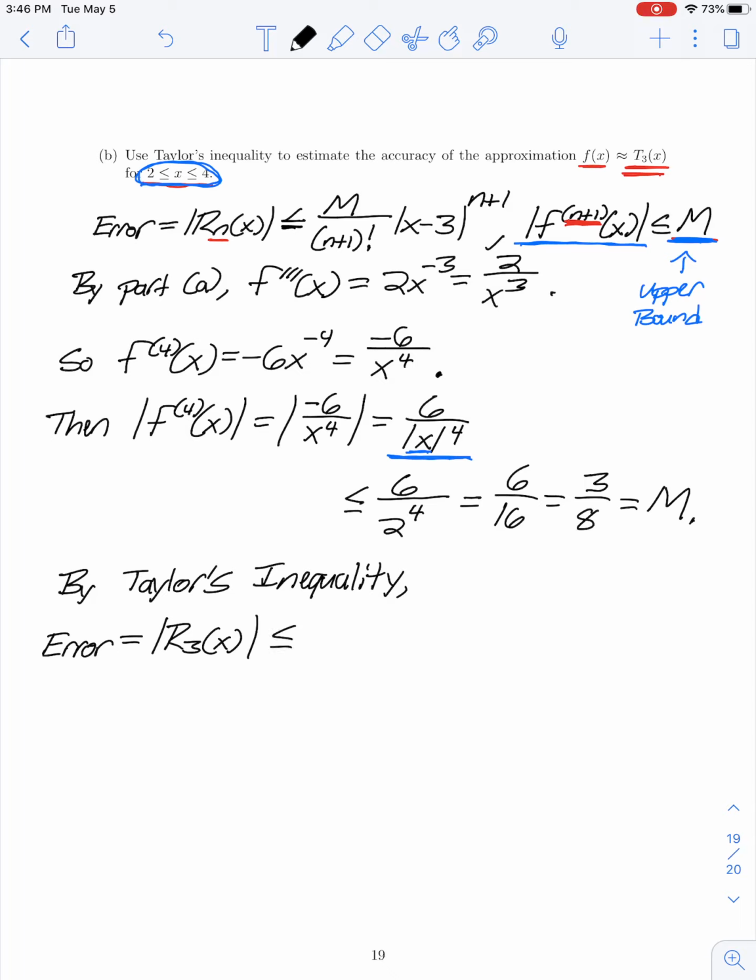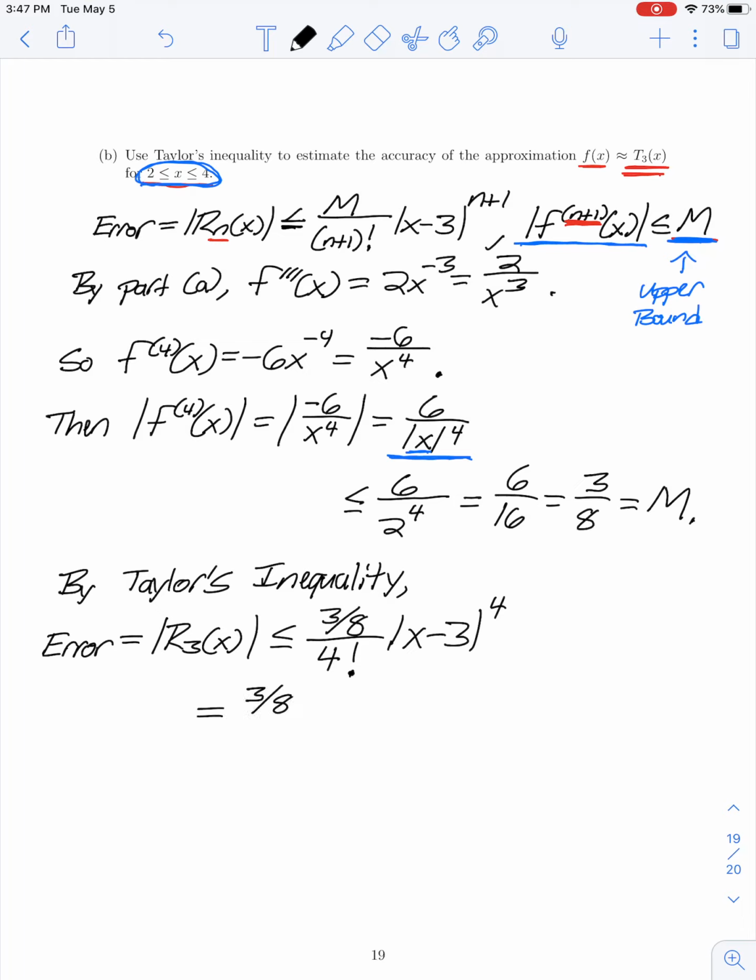And this is bounded above by M, which was 3 over 8, divided by n plus 1, or in this example 4, factorial, times the absolute value of x minus a, which was 3, raised to the n plus 1, or the fourth power. So let's simplify this coefficient out in front.